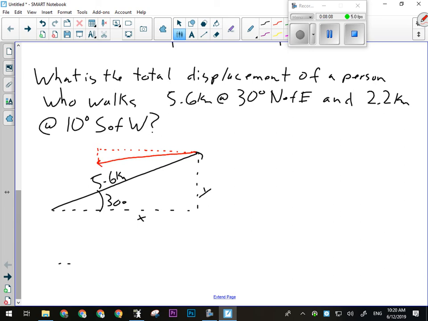So this would be 2.2 kilometers, this would be 10 degrees, here's X, here's Y, and then my resultant would go like this, and it would represent my total displacement.